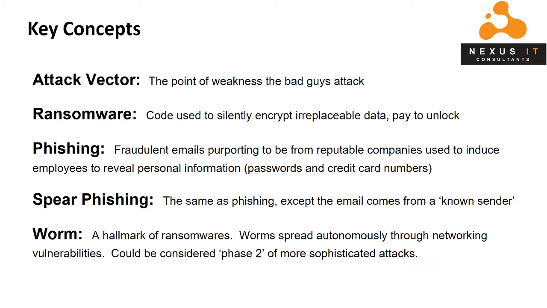Worm is one of the least known yet most dangerous hacker terms. Most sophisticated attacks are going to leverage a worm of some kind to spread throughout your network after patient 0 is infected. This is probably most often seen in the form of email attachments that are opened when they shouldn't be.